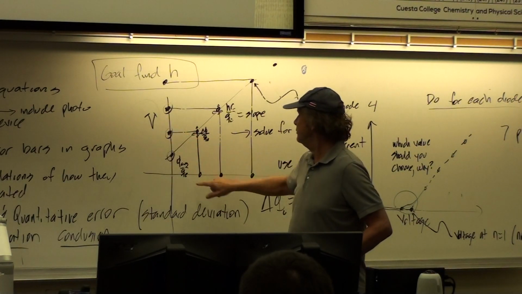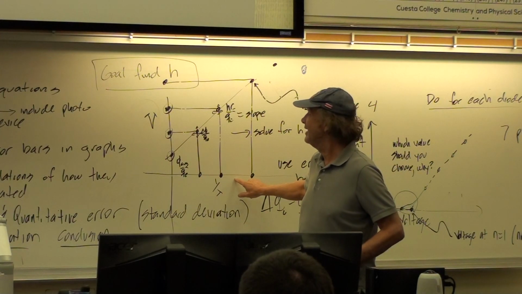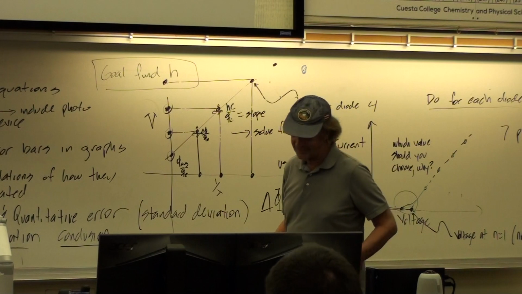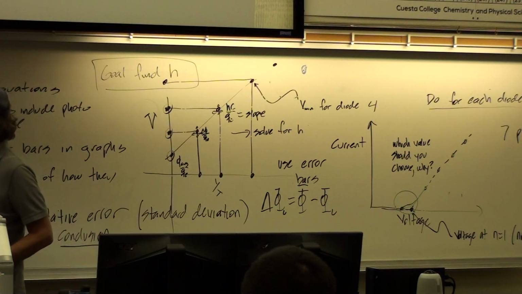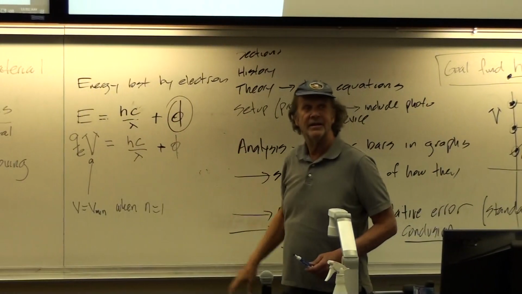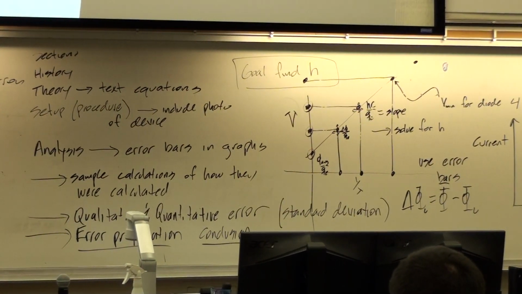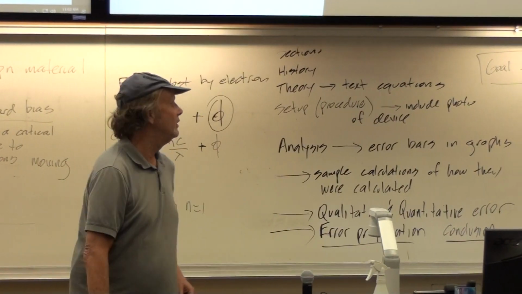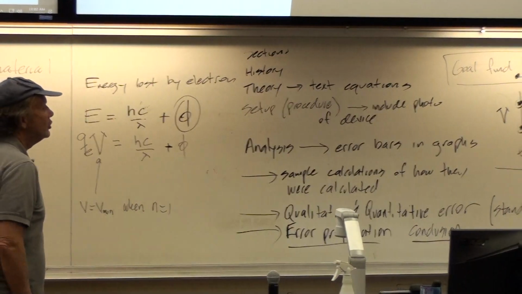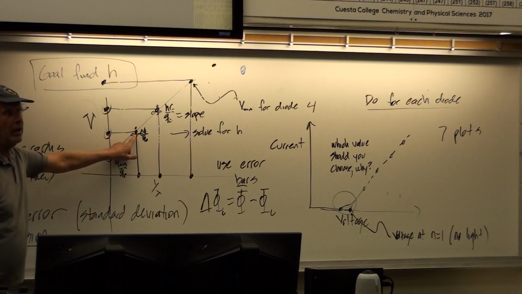When Clay did this, he plotted voltage versus frequency, which is basically the same thing. But when he plotted voltage versus something else, and he did each of the individual calculations assuming phi was 0, he got huge error bars, and so I wouldn't plot that. I wouldn't try to calculate individual values for H for each data point. Now, you should get values for H that are in the right ballpark.